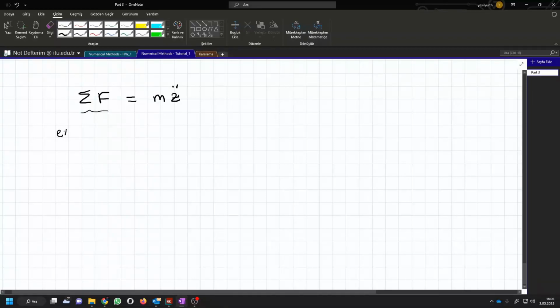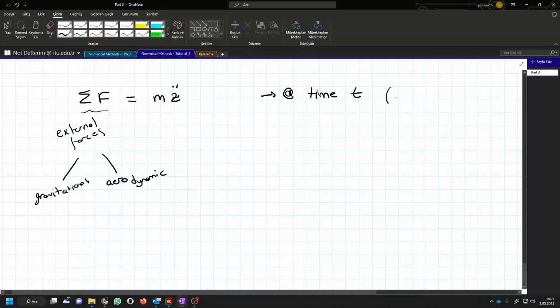These were the external forces for our problem, which were gravitational and aerodynamic forces, at time t, the current time.